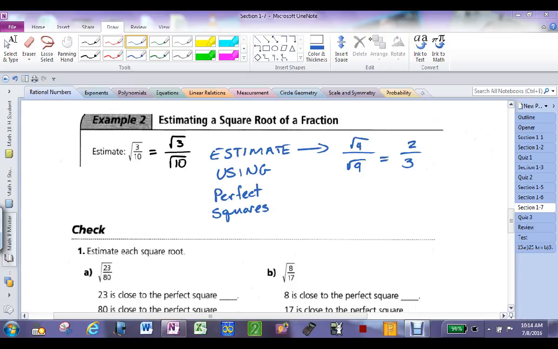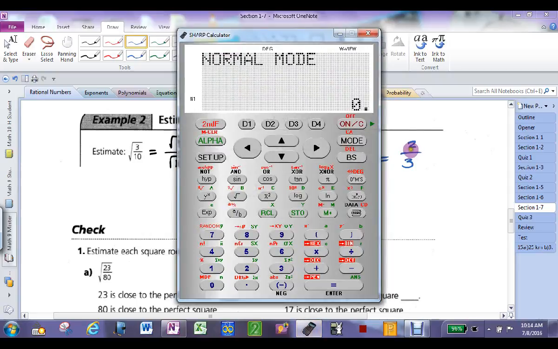Now we estimated it was 2/3, correct? So that would be 2/3 squared times 2/3.